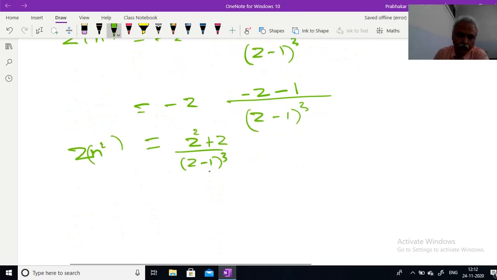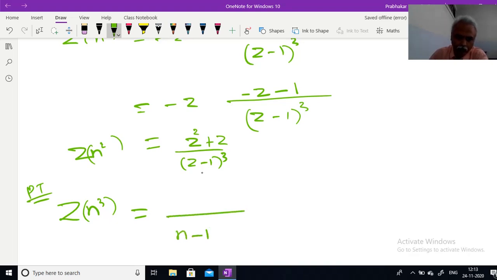Very similarly, we can prove that. Please try this: Z transform of n cube. If it is 2 here, it will be 3. If it is 3 here, denominator will be 4. In that way you can remember. The numerator I am giving you at present, but you have to simplify and see: 2 times z square plus 4z plus 1.